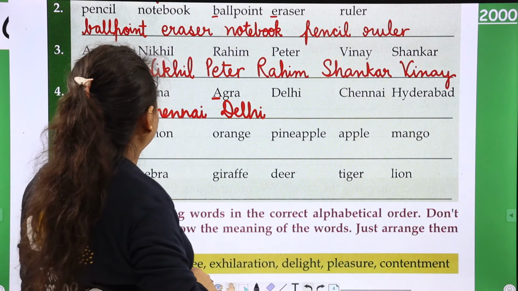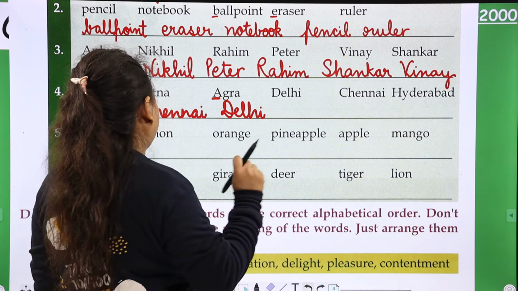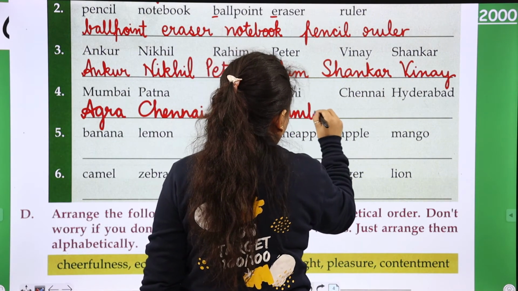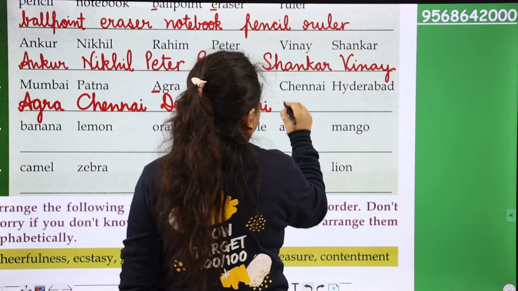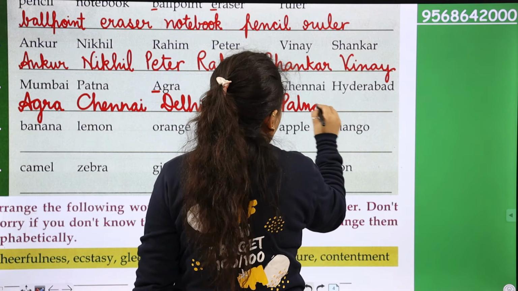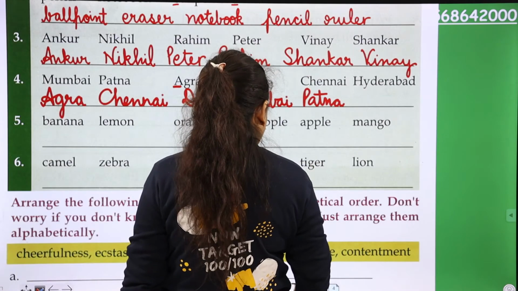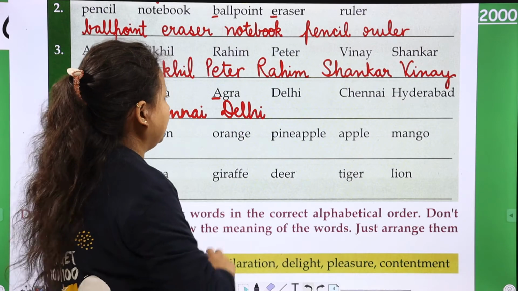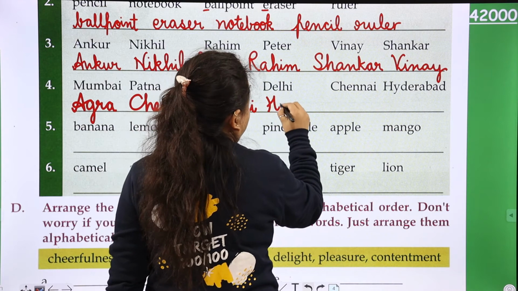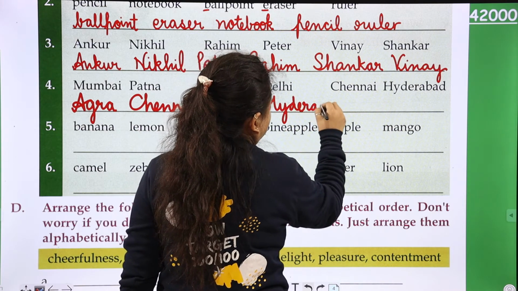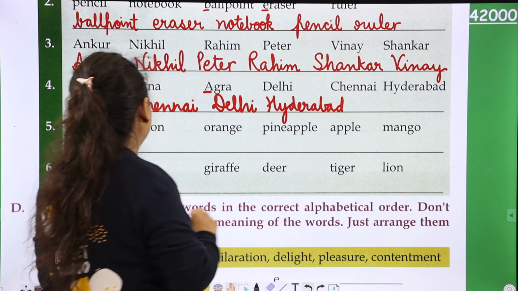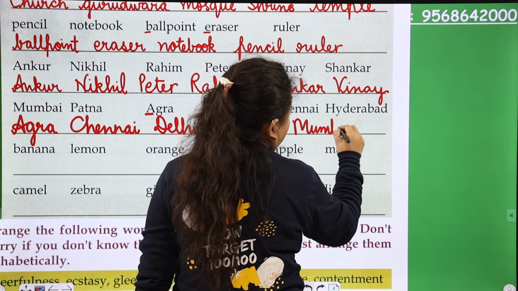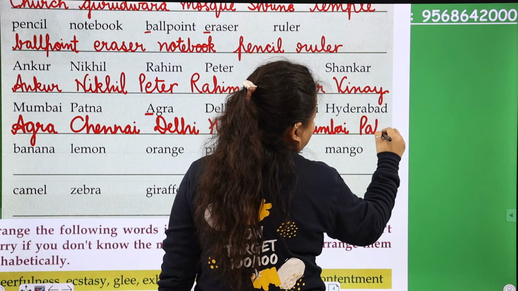E, F, G, H, I, J, K, L, M, Mumbai. N, O, P, Patna. Now after Delhi, next is Hyderabad. H. And next is M, Mumbai. And the last is P, Patna.